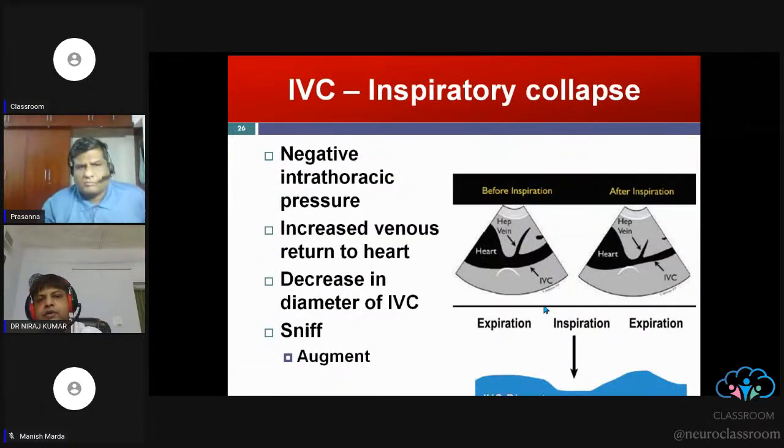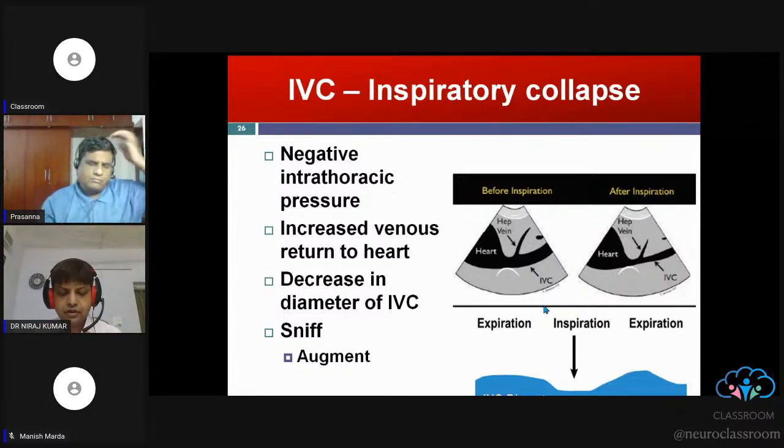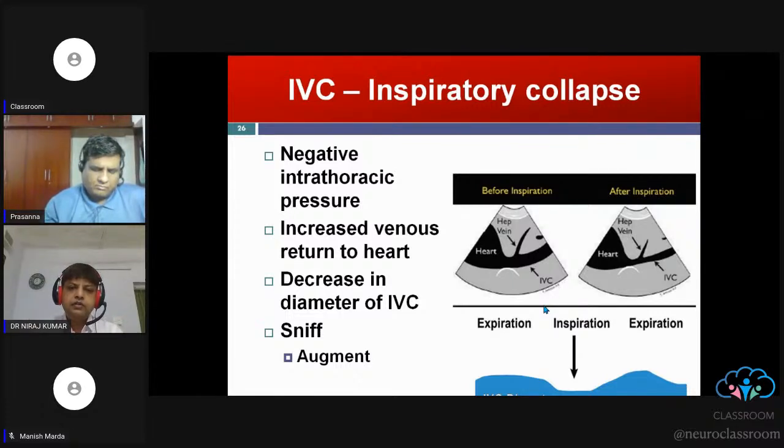So there is a concept of inspiratory collapse of the IVC. Remember, in a spontaneously breathing person, during the inspiration phase, there is negative intrathoracic pressure. Because of negative intrathoracic pressure, there is increased venous return from the abdomen to the chest.